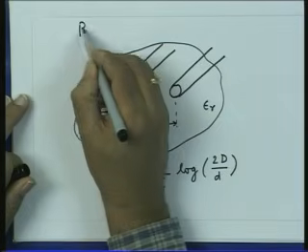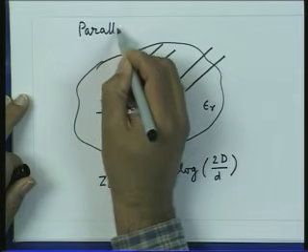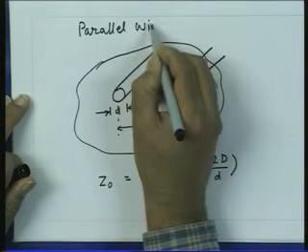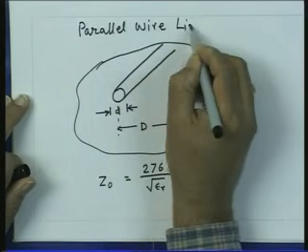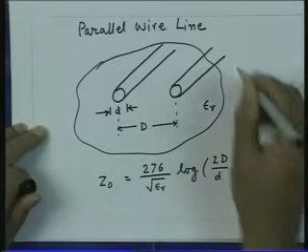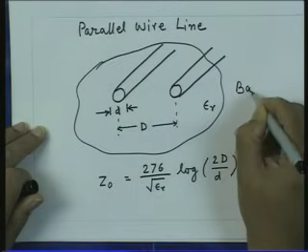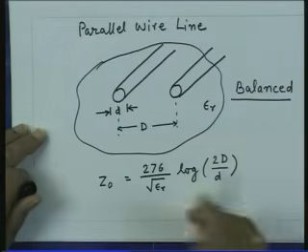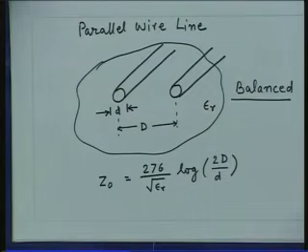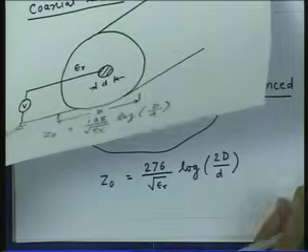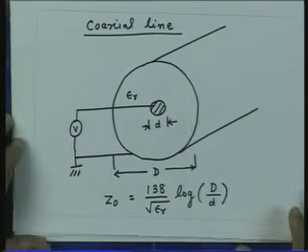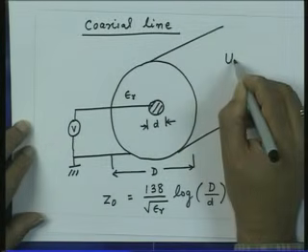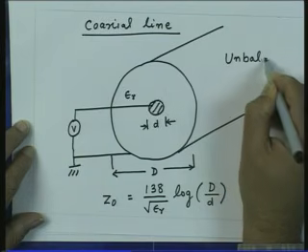So, this structure, which is the parallel wire line, is a balanced structure, whereas if I take a line which is a coaxial line or the microstrip line, then this structure is an unbalanced structure.